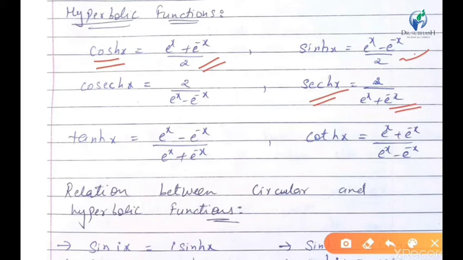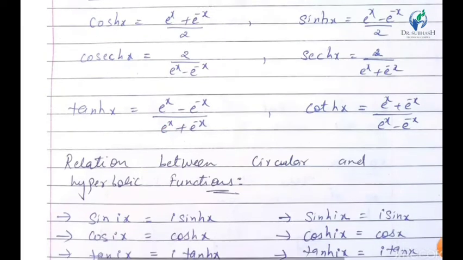This will be the reciprocal of sinh x. Now tanh x will be equal to sin upon cos, so this will be e raised to x minus e raised to minus x upon e raised to x plus e raised to minus x. Now coth x is cos upon sin, so this will be equal to e raised to x plus e raised to minus x upon e raised to x minus e raised to minus x. These are some hyperbolic functions and we need to remember these formulas.